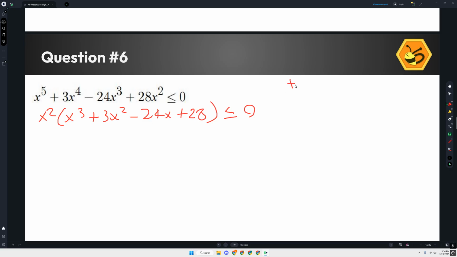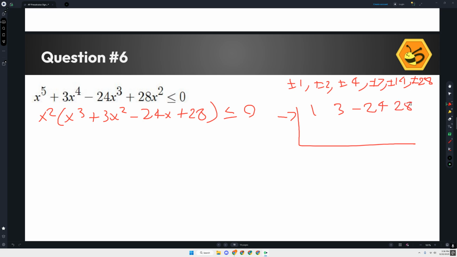And our factors could be plus or minus 1, 2, 4, 7, 14, and 28. There's one easy one, so we're going to do -7 first, which would be 1, 3, -24, 28.